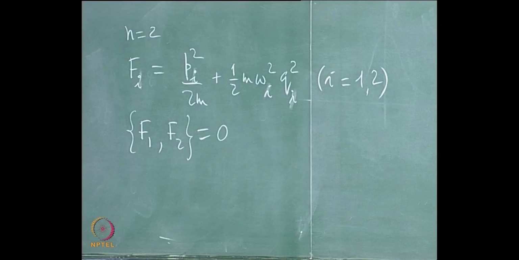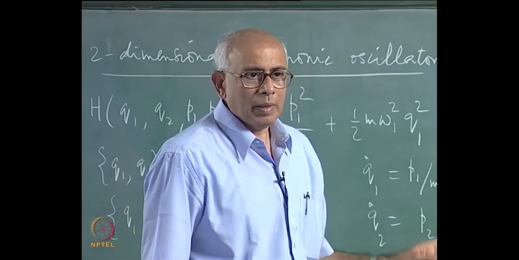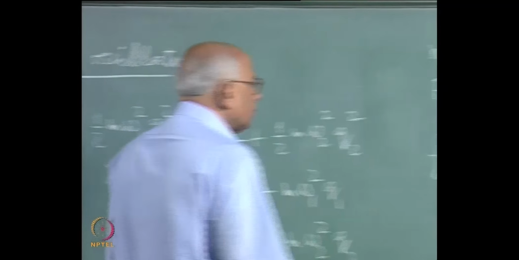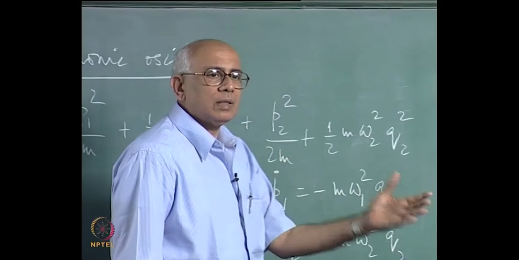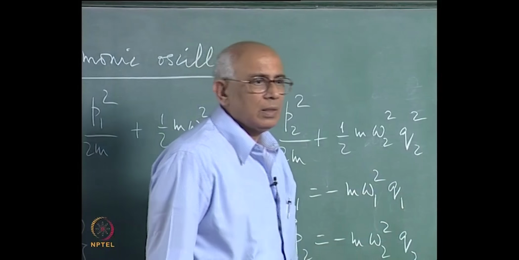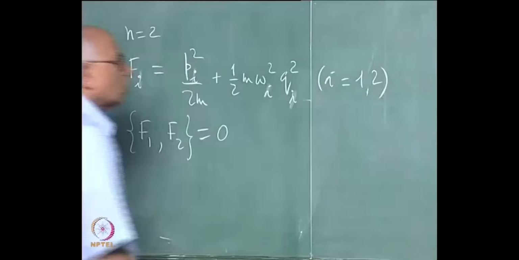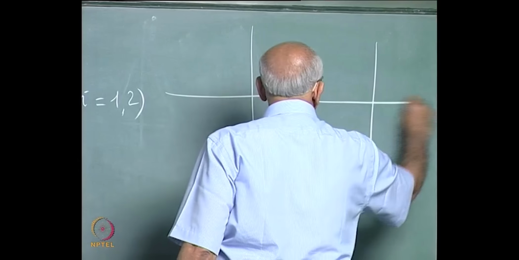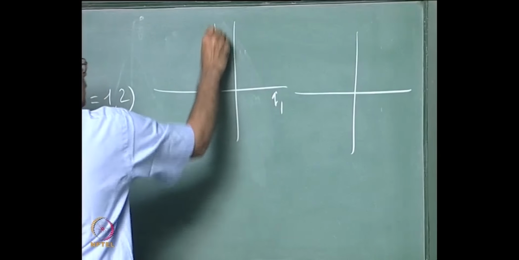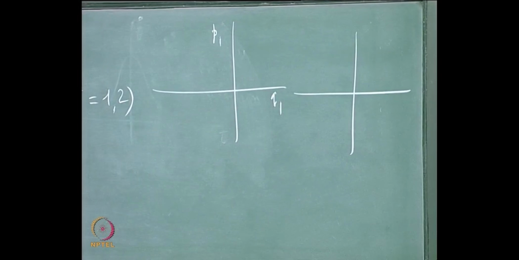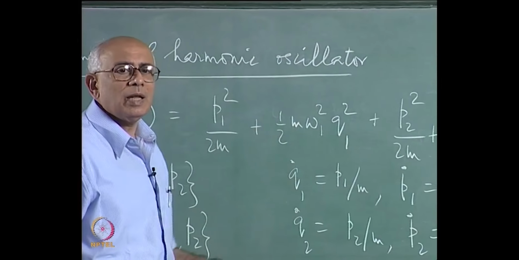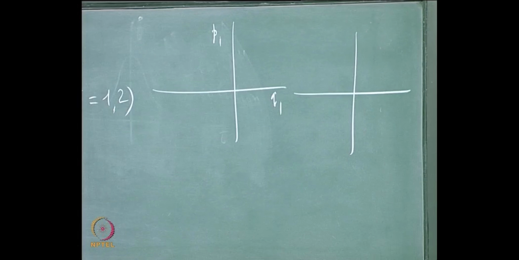It is evident that the phase trajectories cannot be drawn by me since it requires 4-dimensional space, but we could draw the trajectories as projections of the trajectories into various subspaces. So for instance, if I try to draw the projection of the phase trajectory in the q1 p1 plane, since it has nothing to do with the other oscillator, it would just correspond to f1 equal to constant, which are ellipses as we know.